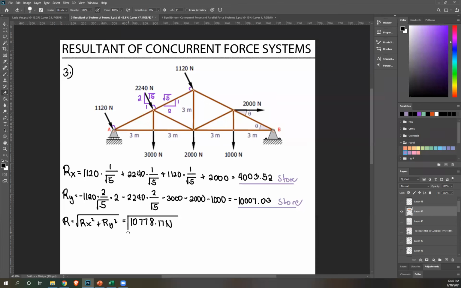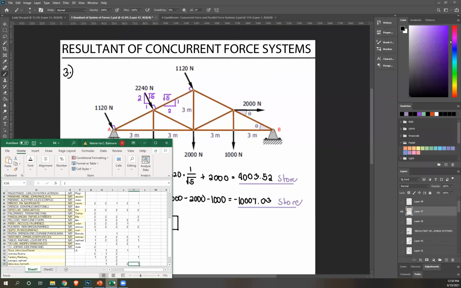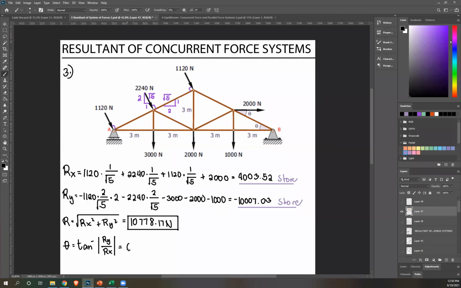Next part, getting the inclination. So that's just theta. Arctangent, absolute value Ry over Rx. Please solve. What's the answer? Correct. 68.20 positive. Andrew, correct. And Kenneth. 68.20 degrees.